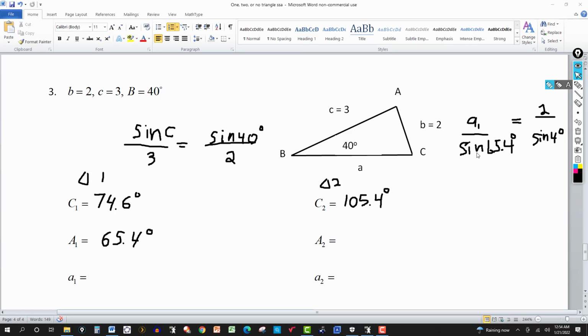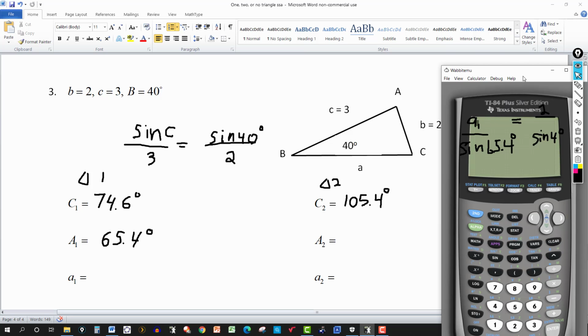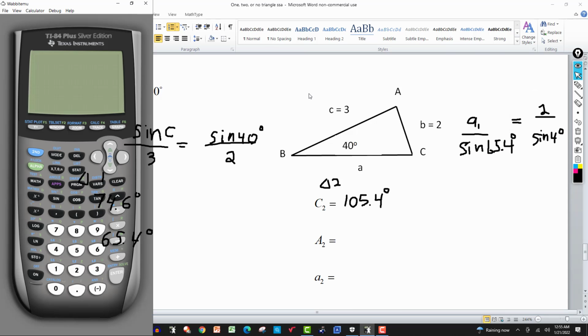So then, multiplying both sides by the sine of 65.4 degrees, A1 is going to equal 2. I'm multiplying both sides by sine of 65.4. I will put it over here and cancel it on this side.